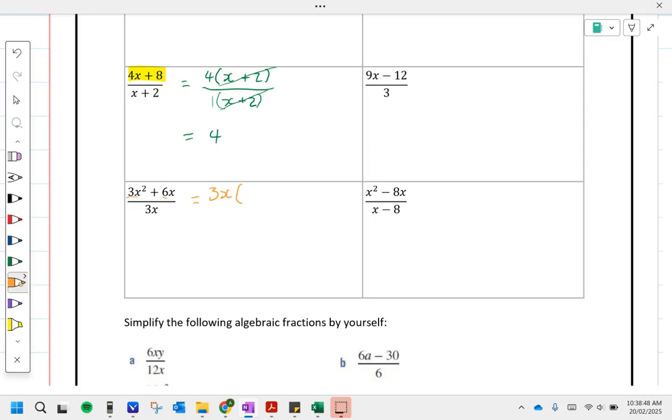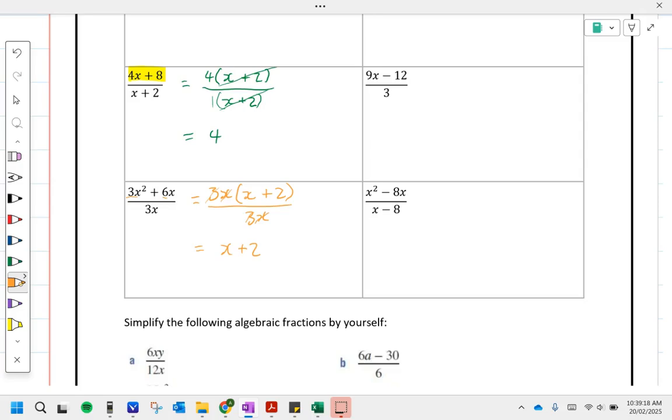Open up our brackets. So 3 divided by 3 is 1, x squared divided by x is x. Put a plus sign. 6 divided by 3 is 2, and the x's cancel each other out. All over 3x. And that's good because 3x is factorized as 3 times x. That means our 3's cancel, our x's cancel, and we're left with an answer of just x plus 2.